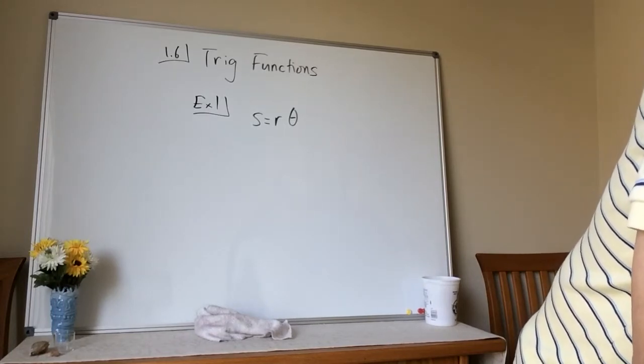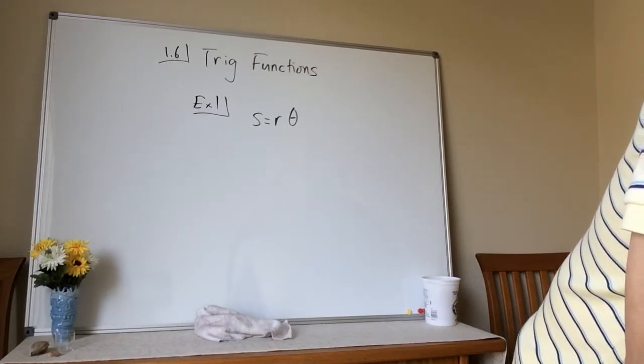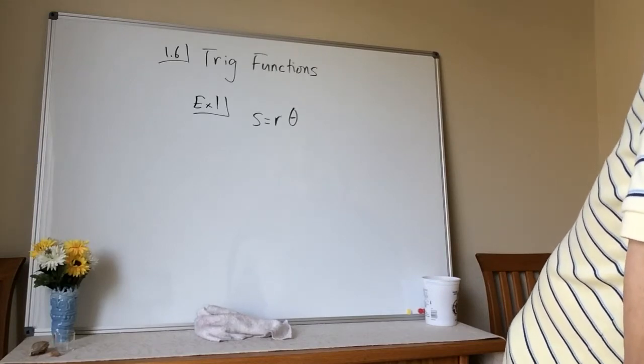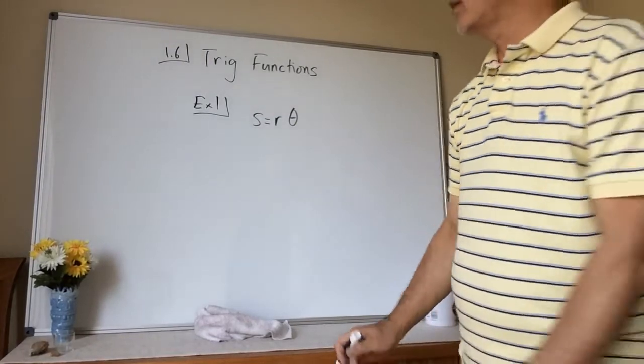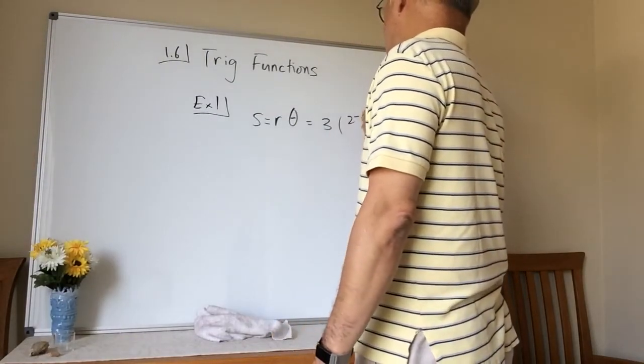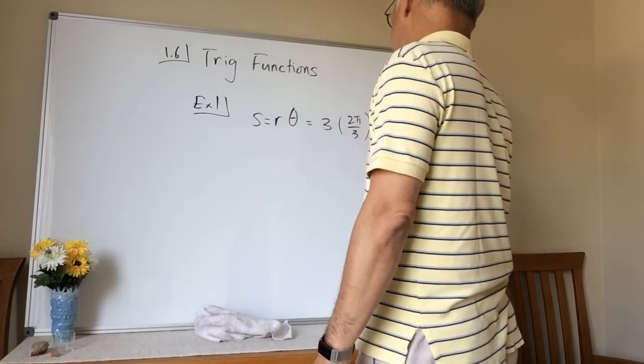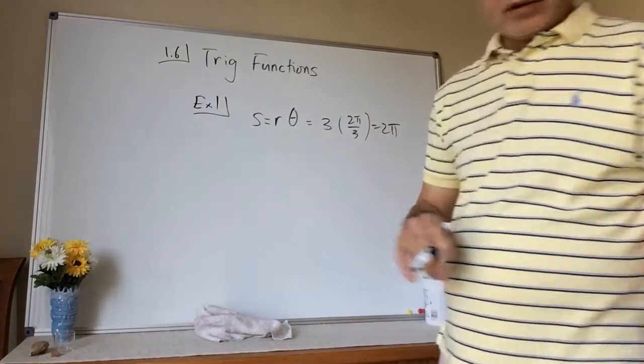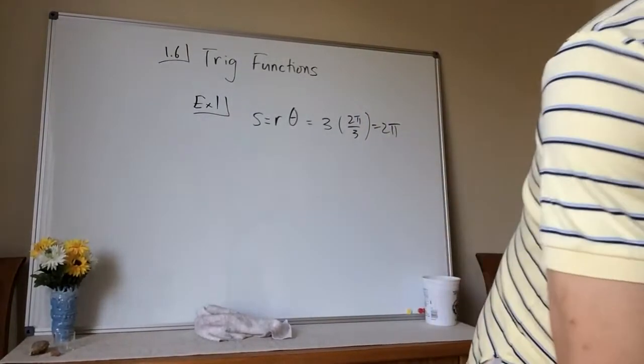So find the length of a subtended arc on a circle of radius 3 by an angle of 2 pi over 3 radians. So the radius is 3, times 2 pi over 3, so it looks like it's going to be 2 pi, okay?